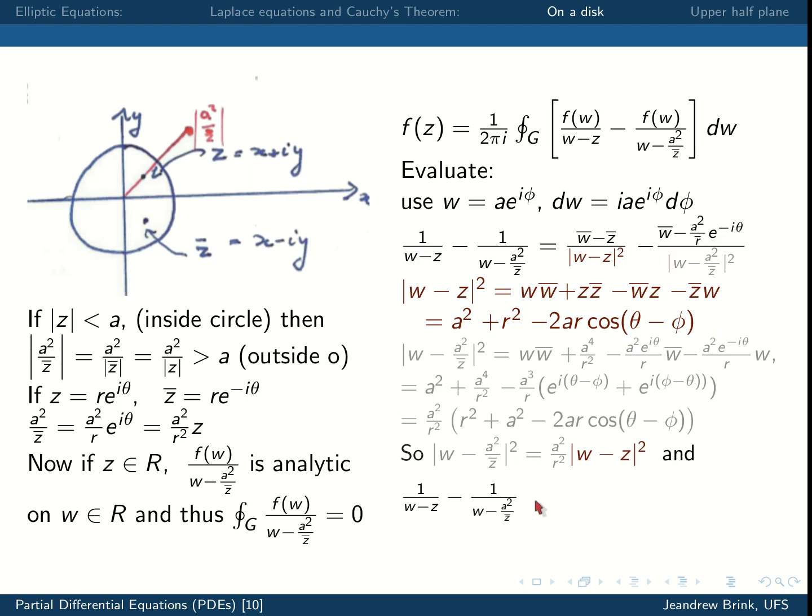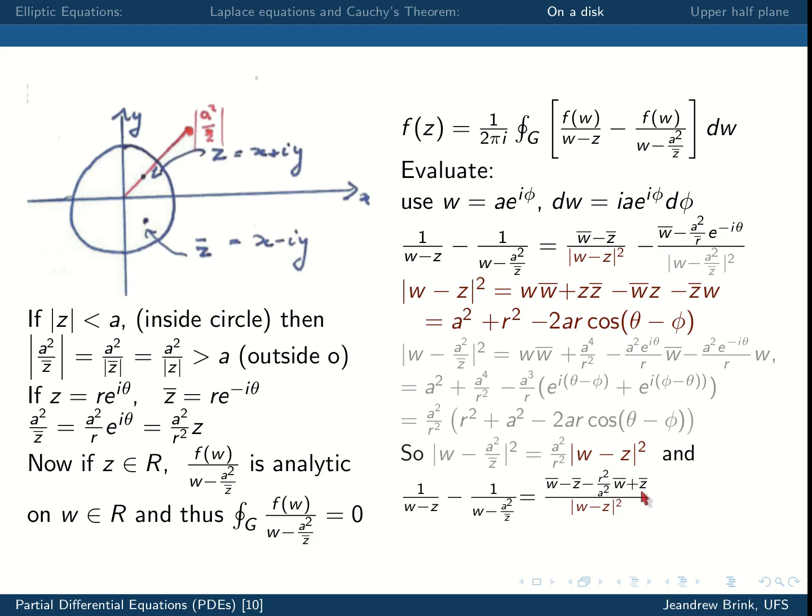Okay, and here we have it. So we now have that 1 over w minus z minus 1 over w minus a squared over z bar. We put it over a common denominator, and there we go. So we have the first term, w bar minus z bar, plus r squared over a squared times these other terms.